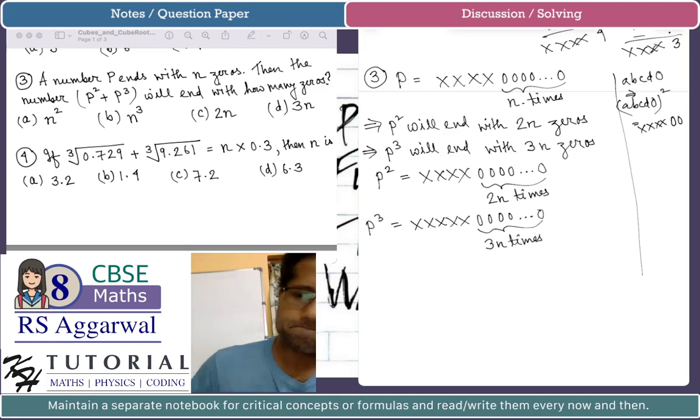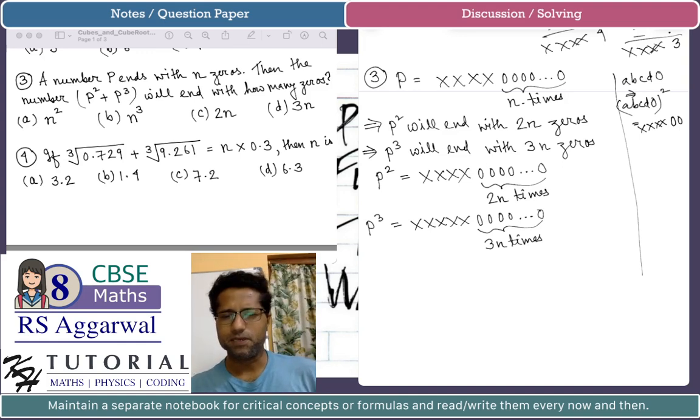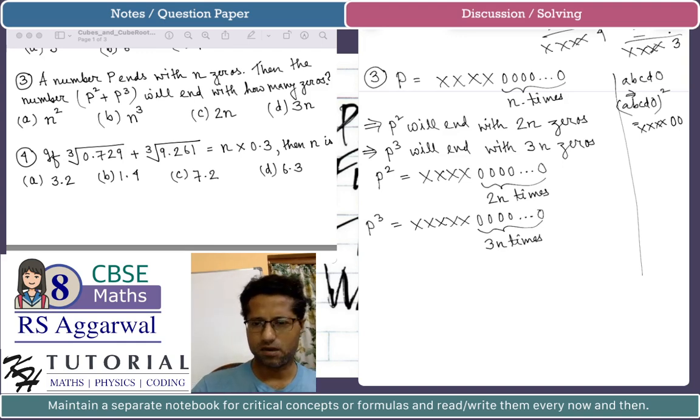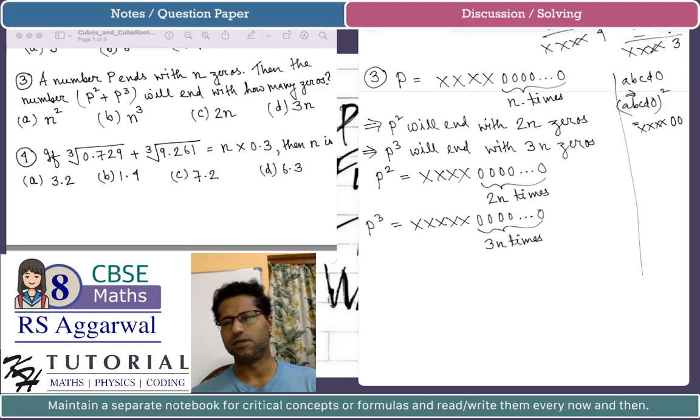Now, for the number p square, it is ending with 2n zeros, and before the 2n zeros, no digit is zero. All the digits to the left hand side of the ending zeros are some non-zero digits. Similarly, for p cube, all the digits to the left hand side of the 3n ending zeros are non-zeros. They are some other digits. And 3n is definitely greater than 2n.